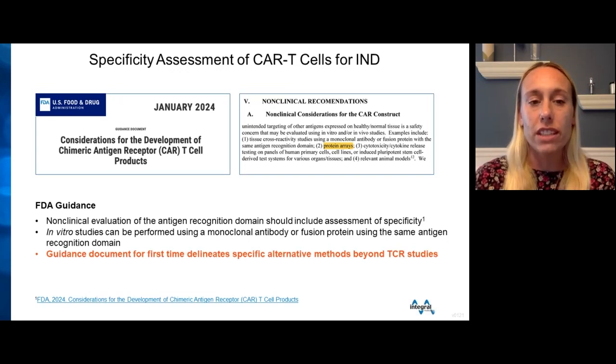And it further goes on to say that unintended targeting of other antigens, which would be an off-target, expressed on healthy or normal tissue is a safety concern that may be evaluated using in vitro or in vivo studies. But this time, it gives numerous examples. It gives the assay TCR, but then includes other examples of assays like the protein array. So this guidance document now for the first time delineates specific alternative methods beyond the TCR study.